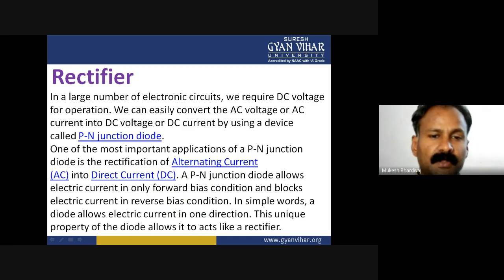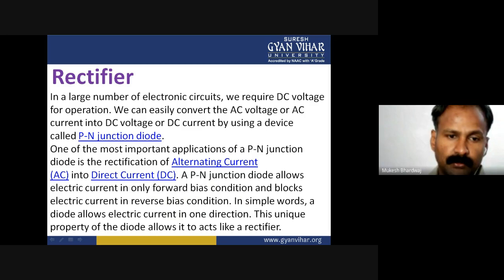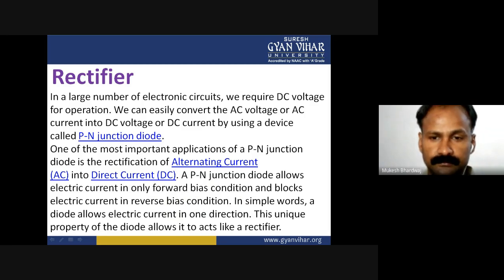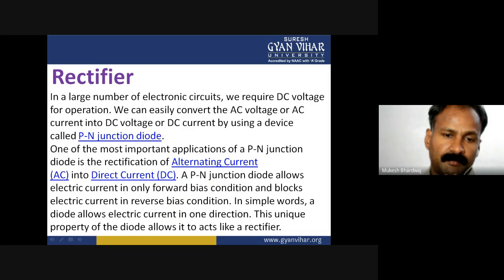One of the most important applications of the PN junction diode is rectification of alternating current, AC, into direct current, DC. A PN junction diode allows electric current only in forward bias condition and blocks electric current in reverse bias condition.